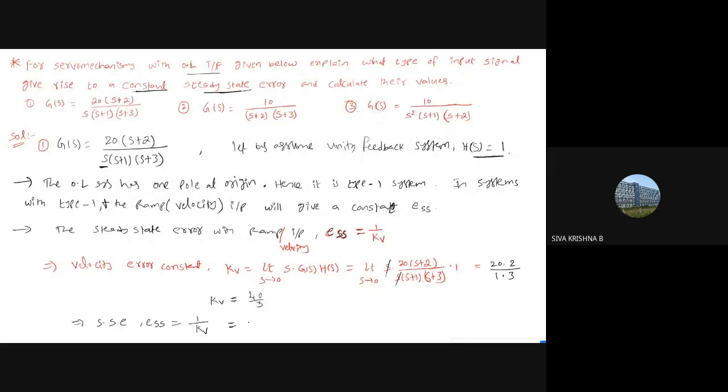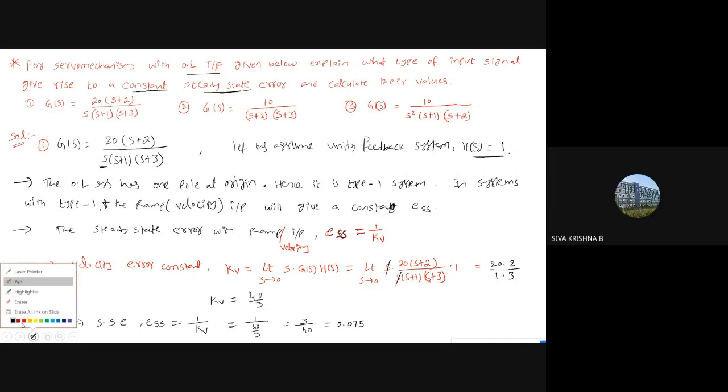So 1 by Kv means 1 by 40/3, which becomes 3/40. What is the decimal value of this? 0.075. Correct, 0.075.